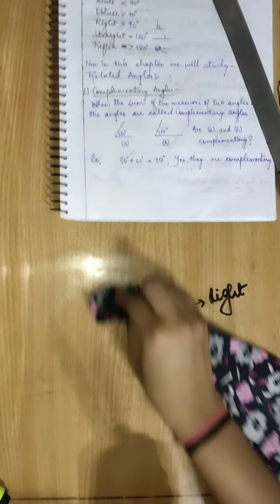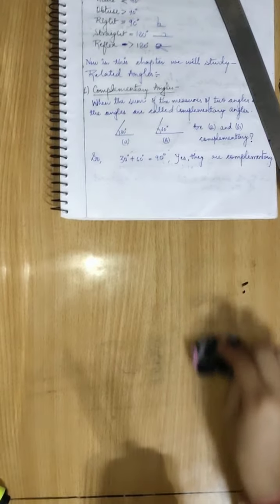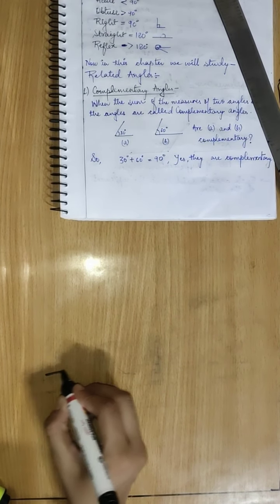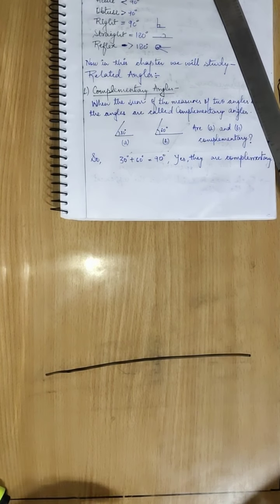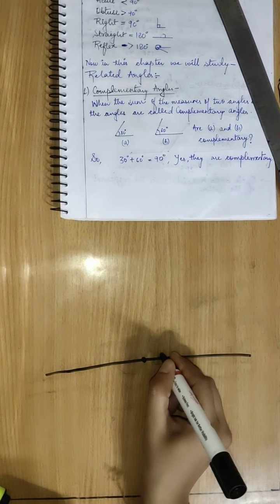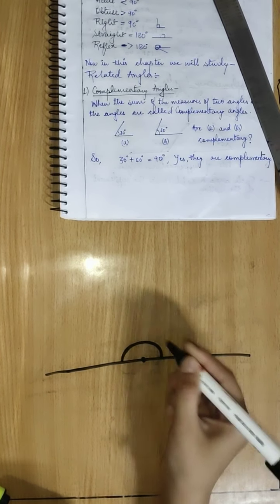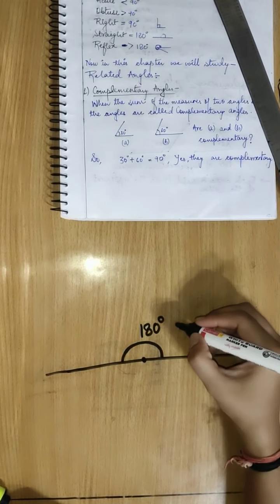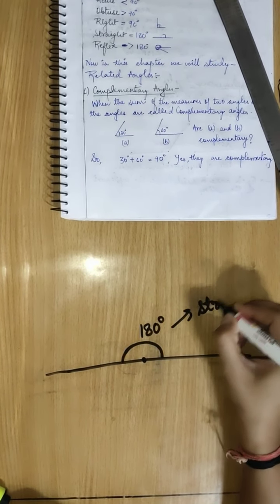Now coming to the next type of angles, that are straight angles. As the name suggests, it is the straight line, or you can say 180-degree angle. This full angle of 180 degrees is known as a straight angle.